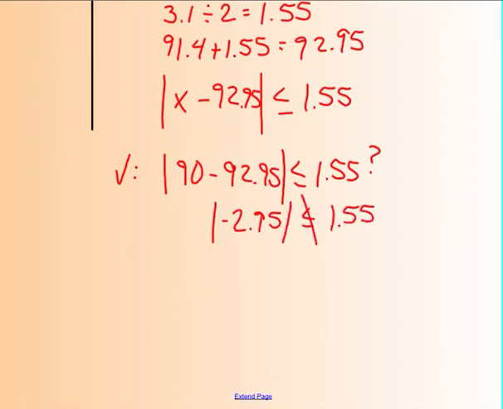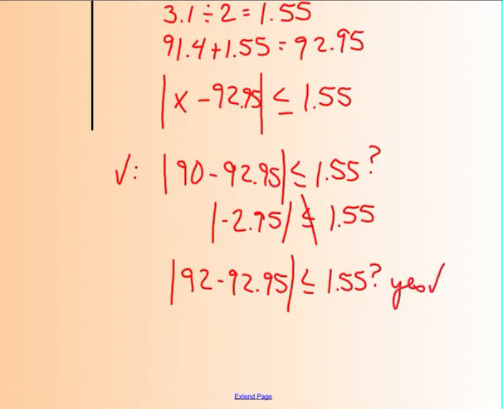So far, so good. Now we want to pick a distance in between the 91 and the 94. So let's go with 92. That seems to be an easy one. Put another question mark. And the distance here is 0.95, which the absolute value, yes, that works.